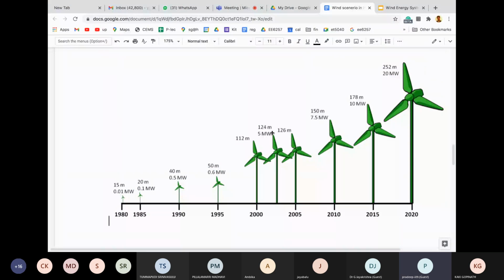This diagram shows the evolution of the size of wind turbines. So for a single wind turbine, what is the capacity? Back in 1980, it was 0.01 megawatt, that means about 10 kilowatt, at a height of 15 meters.